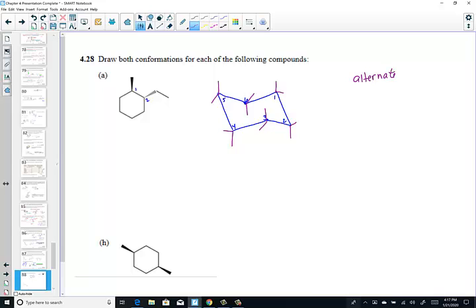So now on carbon 1 we have a wedge, and I know that wedge means up. Carbon 2 we have a dash, and dash means down. So at carbon 1 I'm going to have a methyl group pointing straight up. So I'll just put a methyl group so you can see that that's where the CH3 is, and the hydrogen, that's the fourth bond, would be in the equatorial position down.